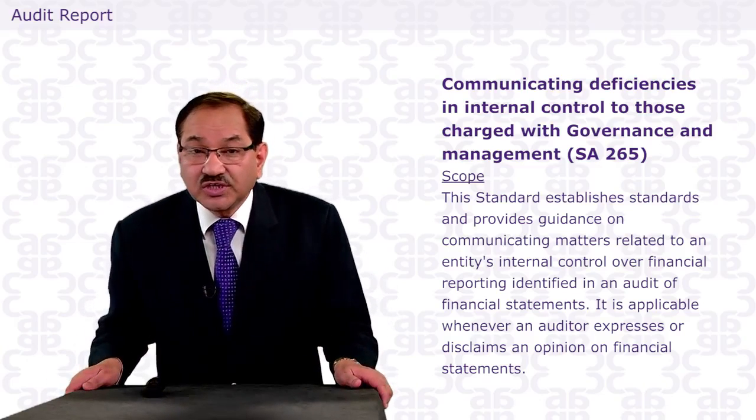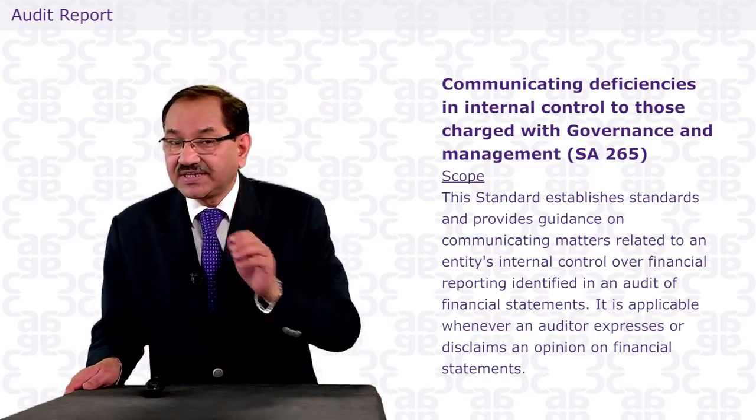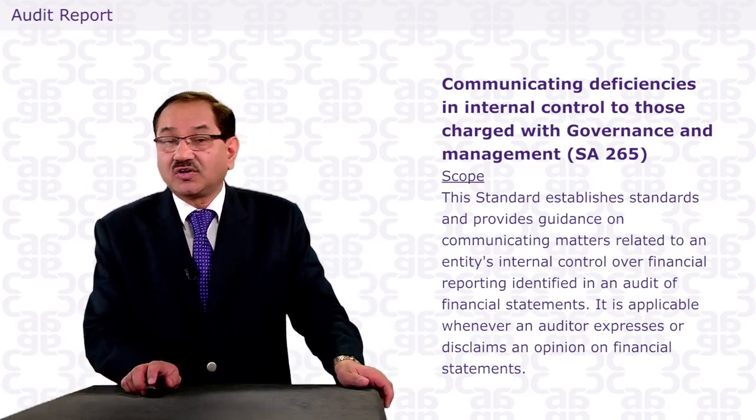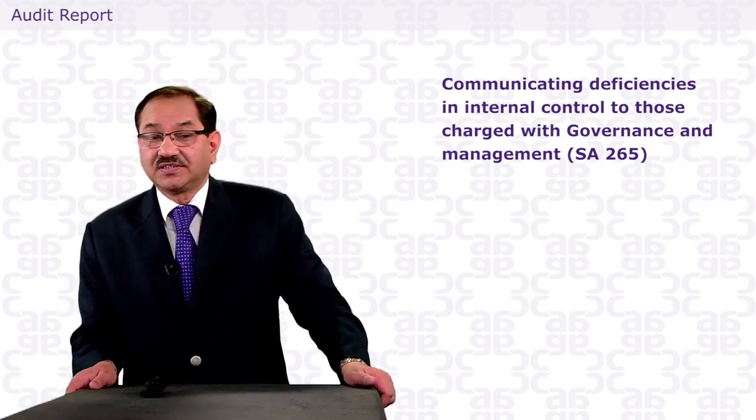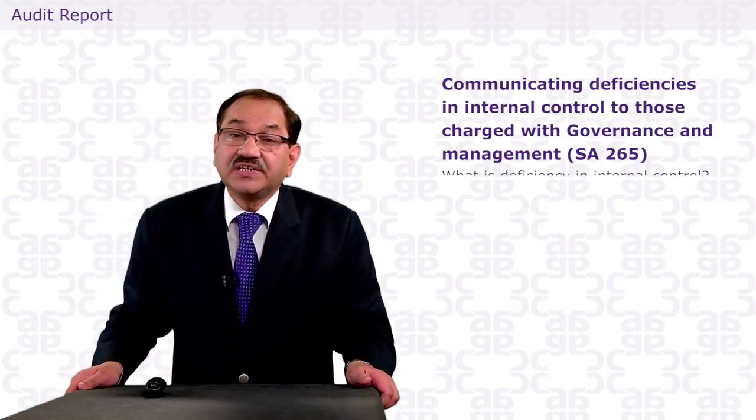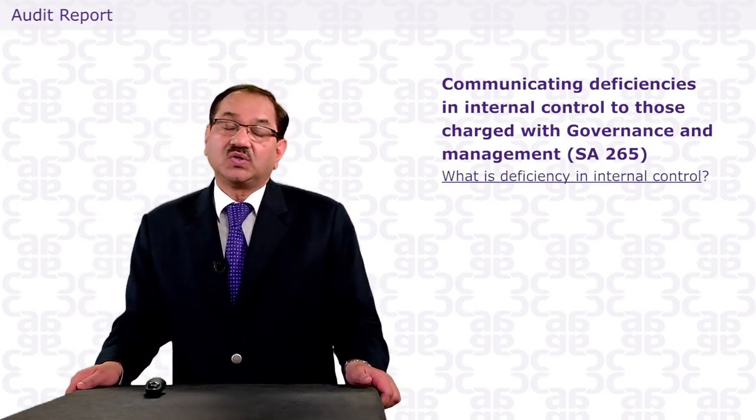At that time he might have noticed during his audit process that there are certain significant deficiencies in the internal control of this entity. The question arises, what are those significant deficiencies in internal control?